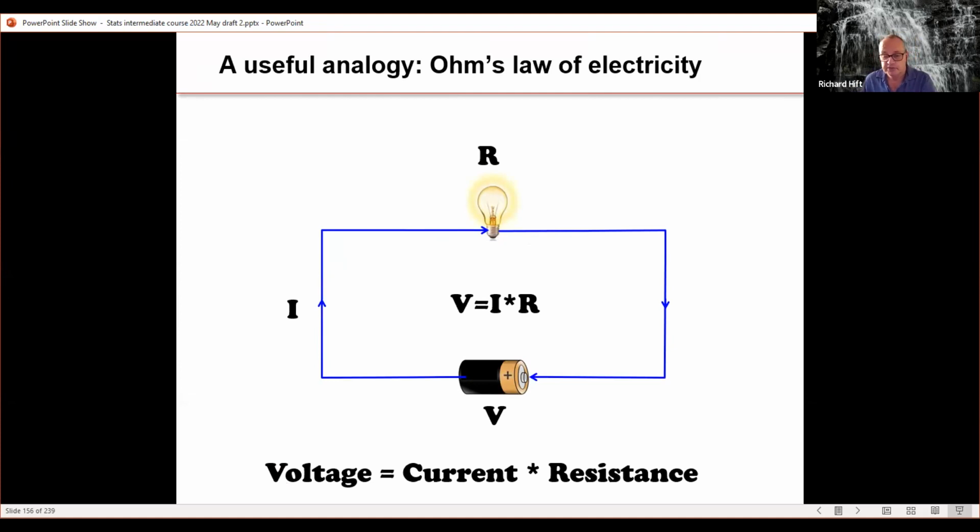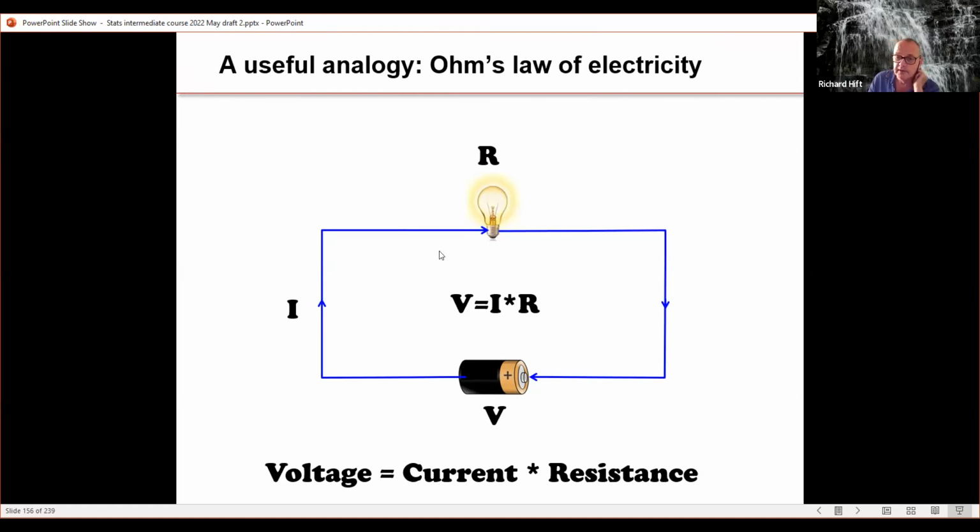Right, so voltage equals current times resistance. The current is the amount of electricity flowing through this wire. The voltage is determined by the battery that you put in there. You're well aware that many batteries are 1.5 volts, but we also get 6-volt batteries and 12-volt batteries, etc. And then the resistance is not only the wire itself, but also useful things placed in the circuit, such as this light bulb.